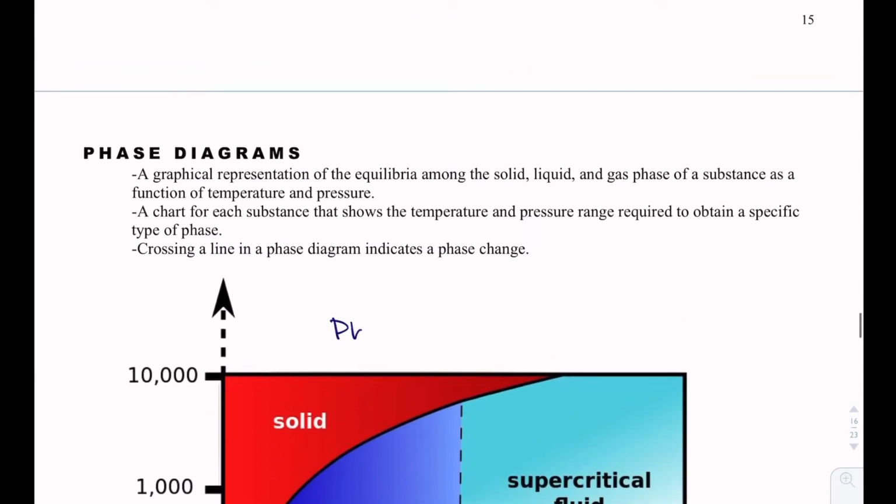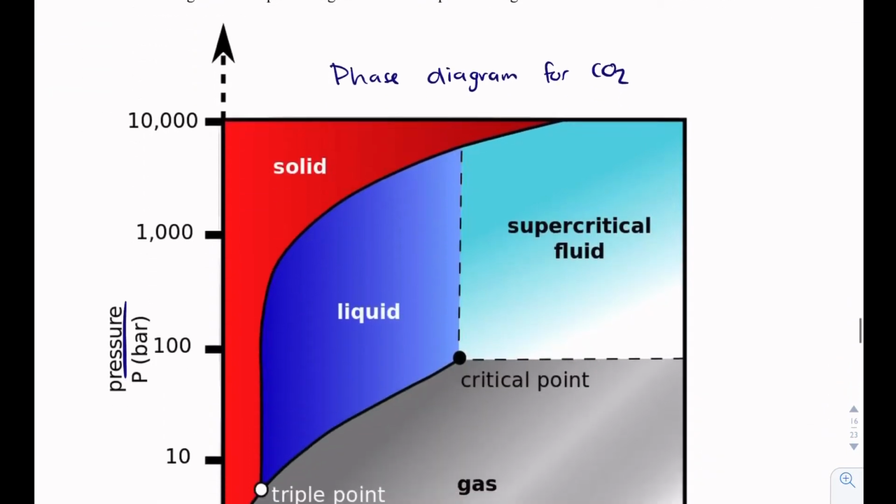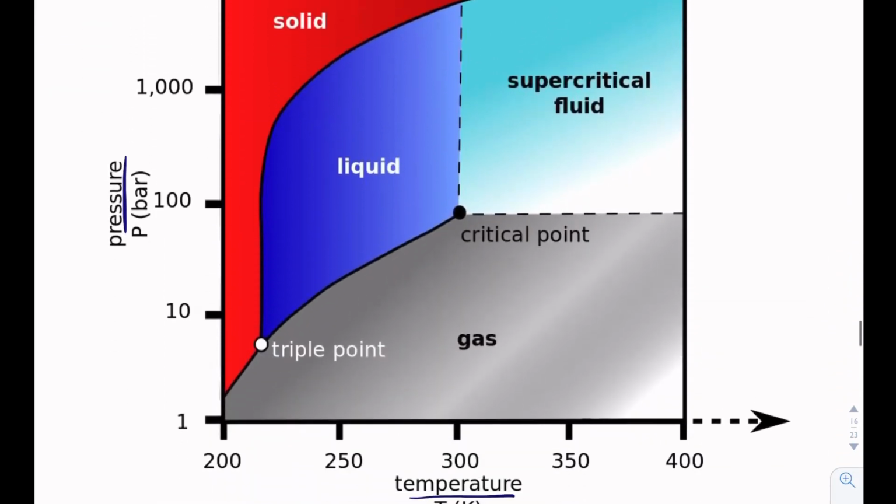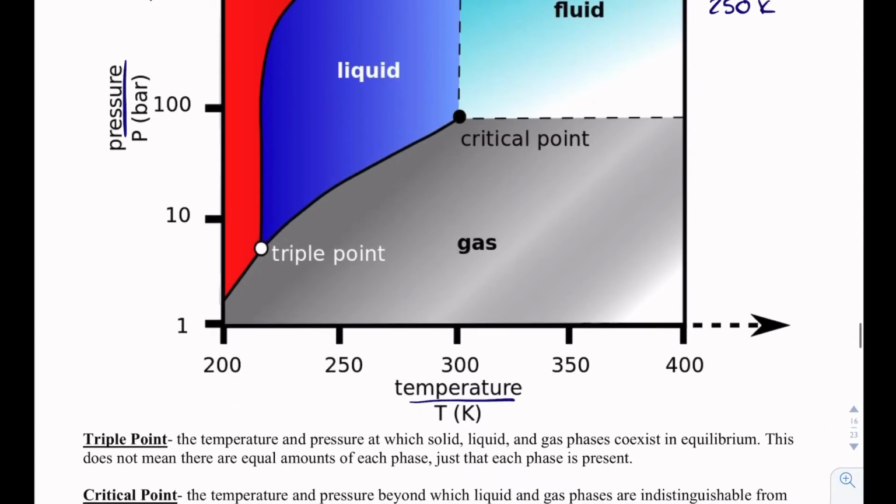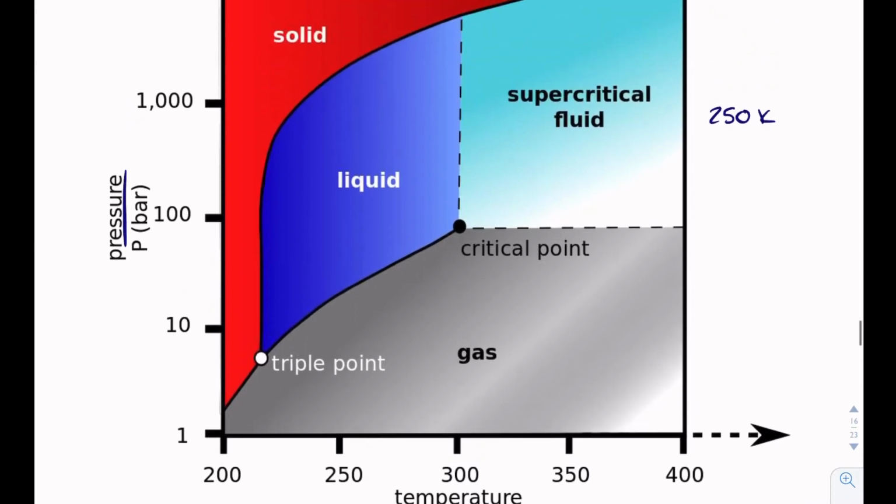Okay, so let's say this is a phase diagram for carbon dioxide. And let's say that we have a temperature of 250 Kelvin, which we'll talk about Kelvin, but that's just what this is measured in. And we're at a pressure of 500 bar.